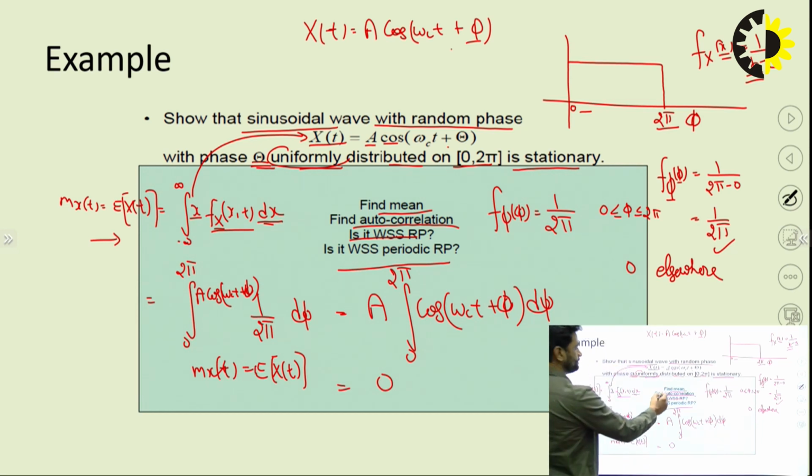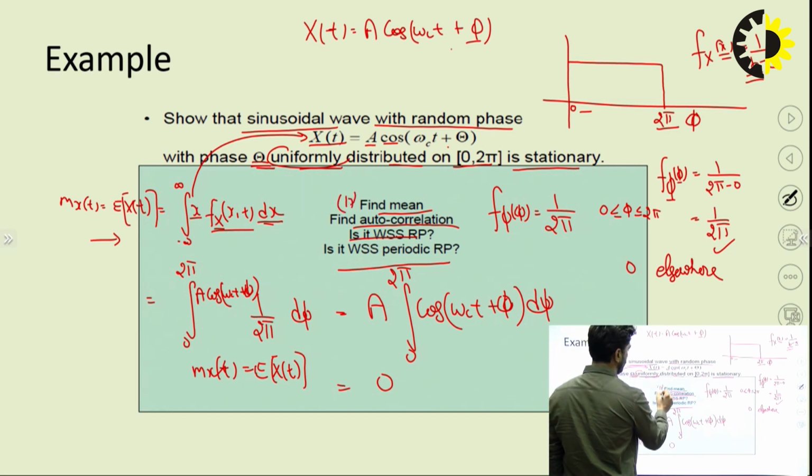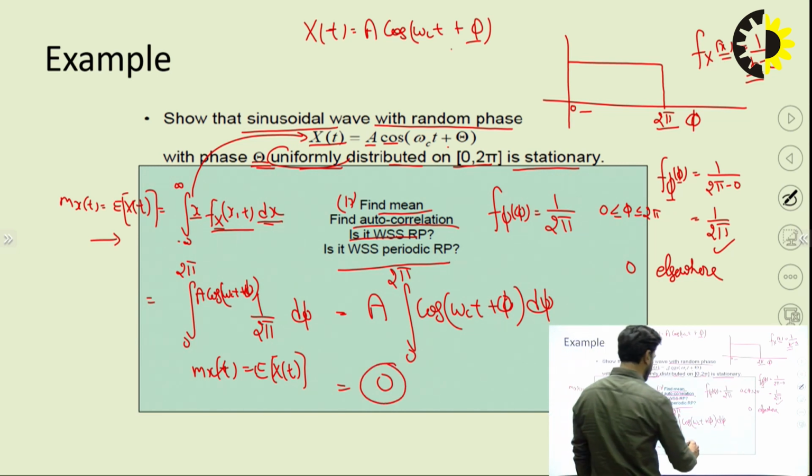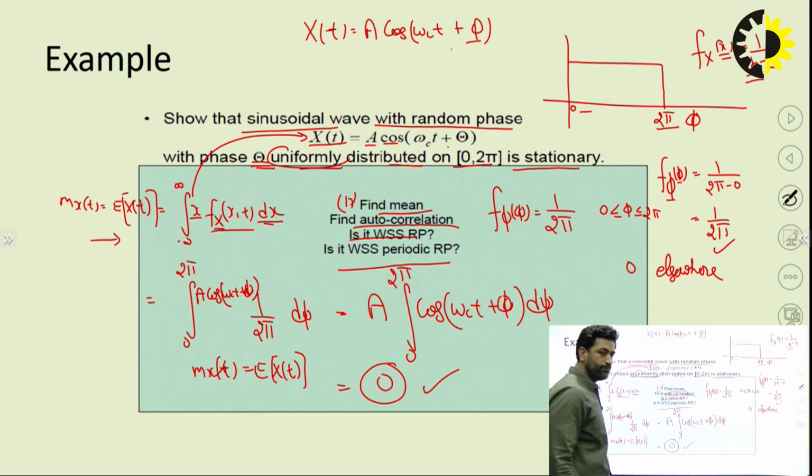Now the first part we have calculated: find the mean. The second part is autocorrelation, and the third part is: is it a WSS random process or not? For WSS we know its mean should be constant. Now here you are getting a 0 value, meaning it's not depending upon time. The first property is satisfied for WSS: the mean is constant.